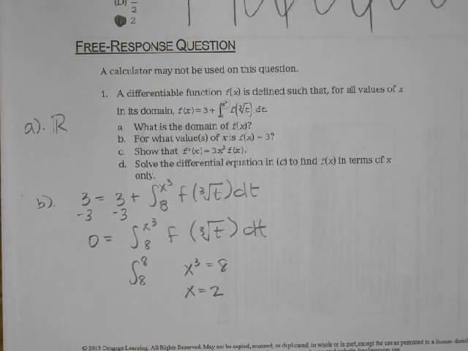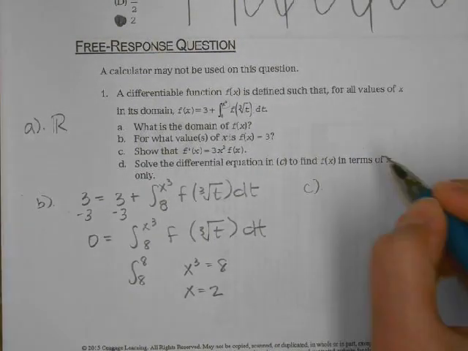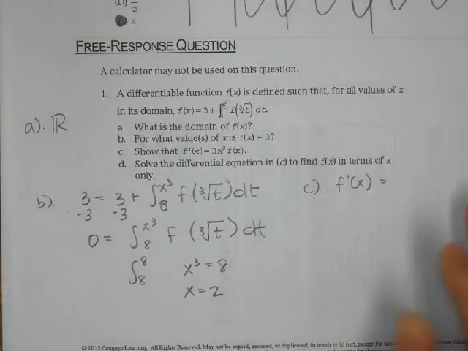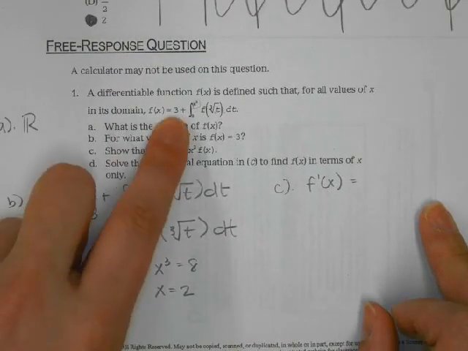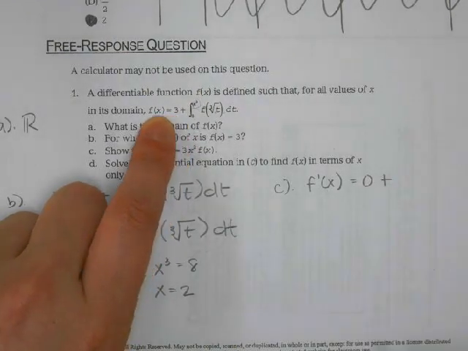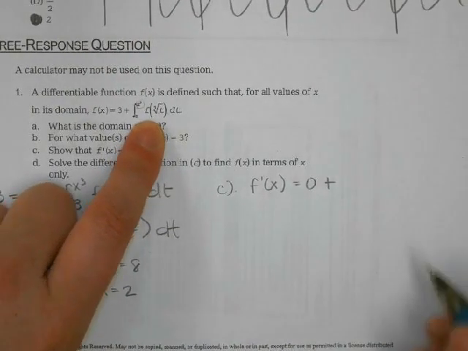All right, so for part C it says show that f prime of x is 3x squared times f of x. So we need to find f prime of x. So that means we need to take the derivative. The derivative of 3 is 0 plus, and then when you do the derivative of this part, this is where you use the fundamental theorem of calculus.